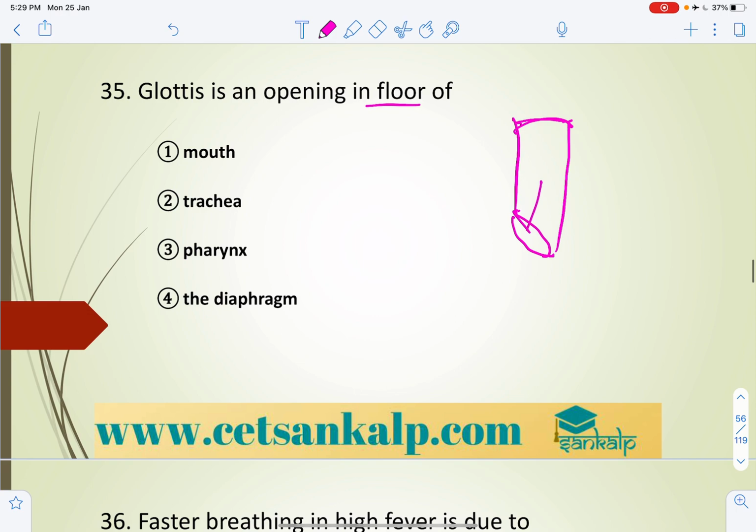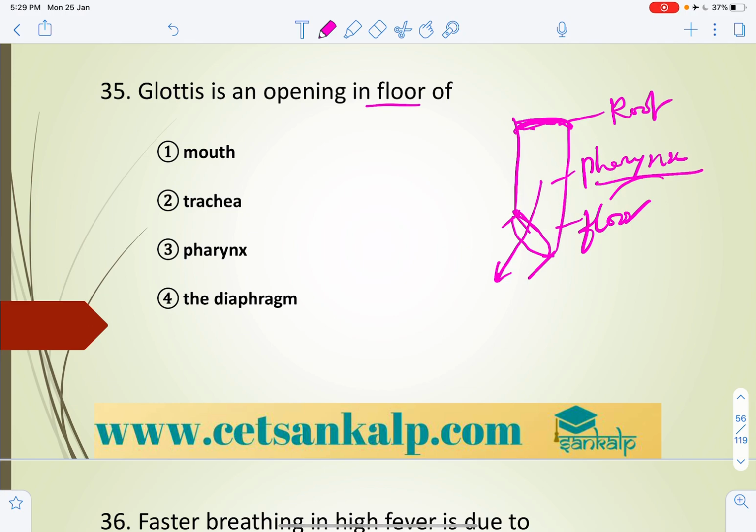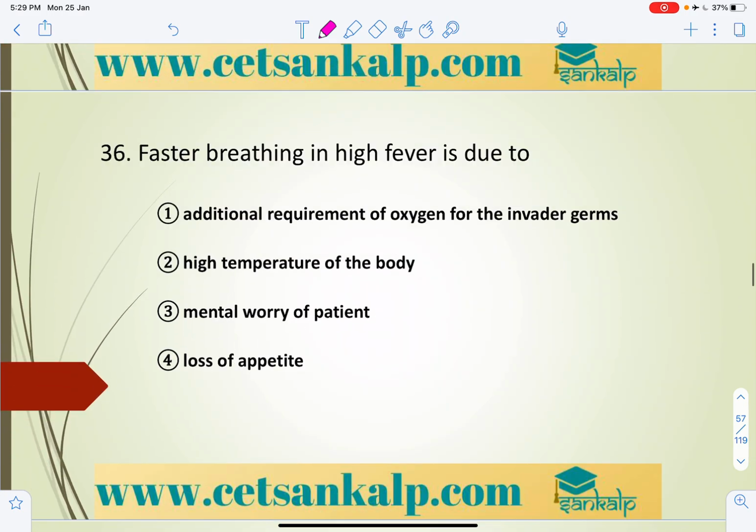Here this region is the pharynx, and this is the roof, and this is the floor. So where exactly is it? It is in the pharynx. So in the floor of the pharynx we can see the glottis.